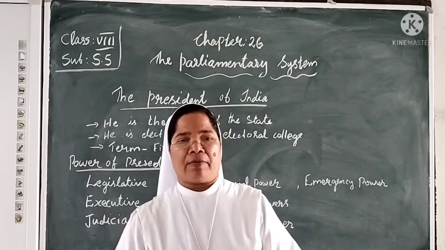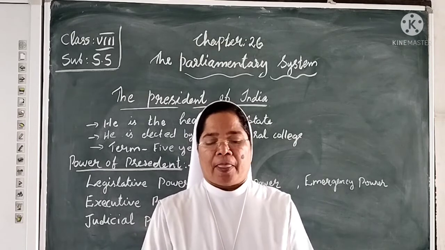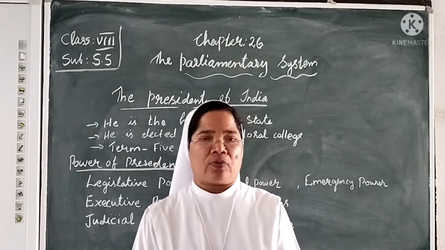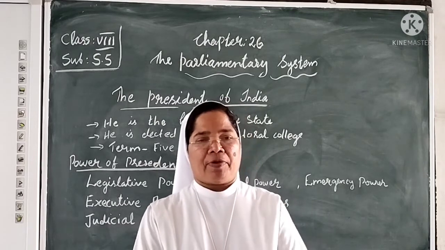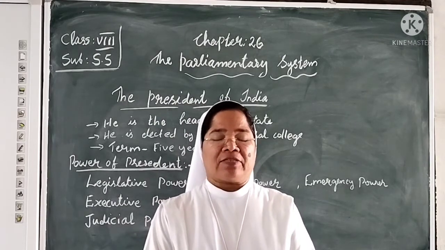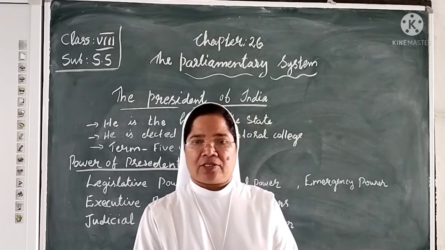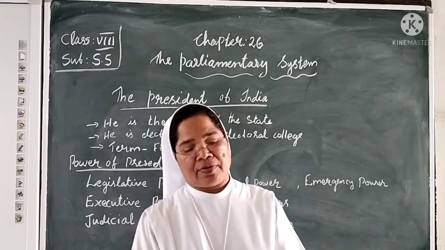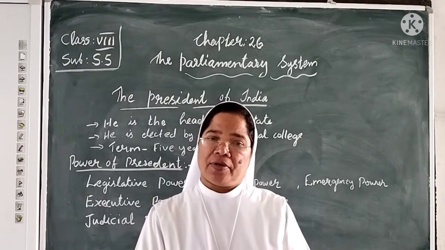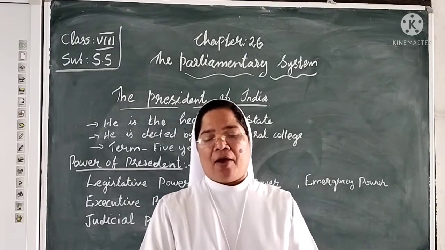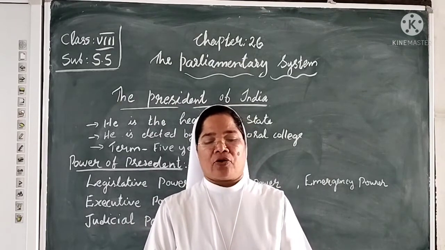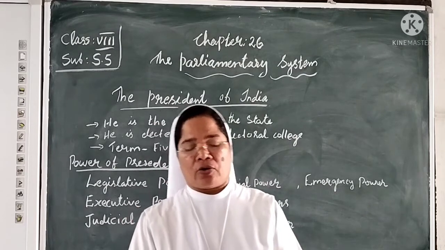He should be free from everything. So, his eligibility: first, he is a citizen of India; second, not less than 35 years; third, not holding any office of profit under the central, state or local government.